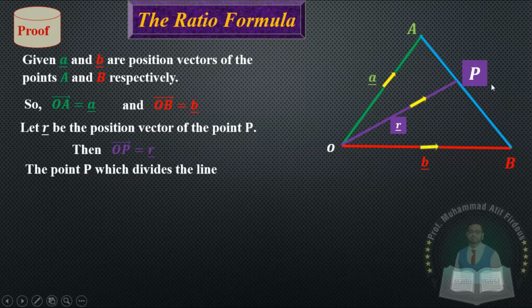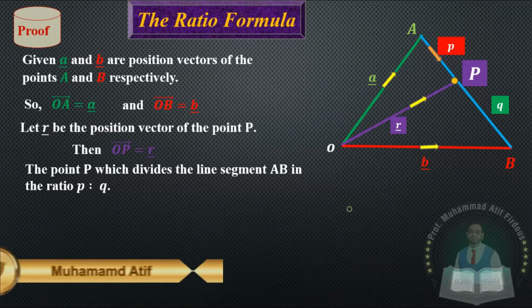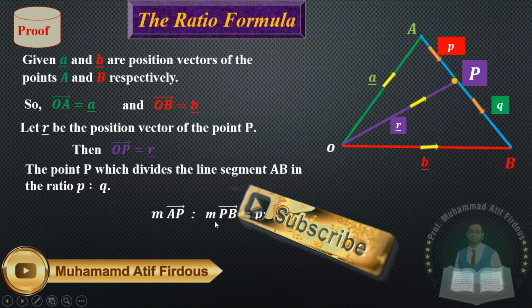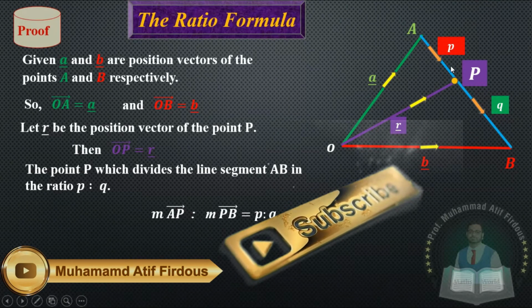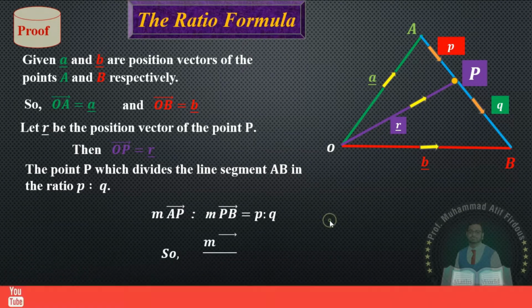Then this point P divides this line segment AB in the ratio p:q. So this is your point P, this is your ratio p:q. Any problem? Now you can say that the measure of vector AP to the measure of vector PB must be equal to p:q, or you can write the last step as well.